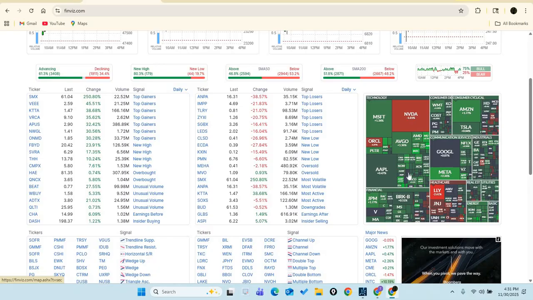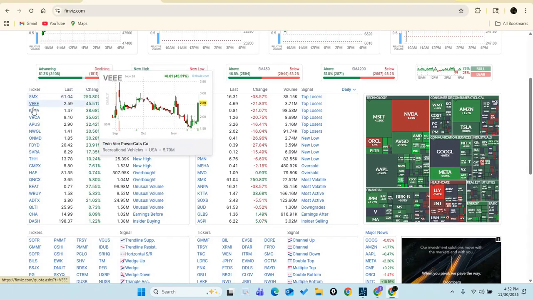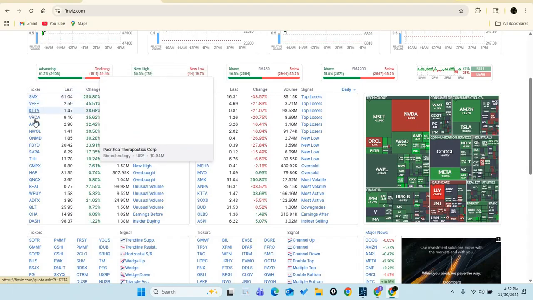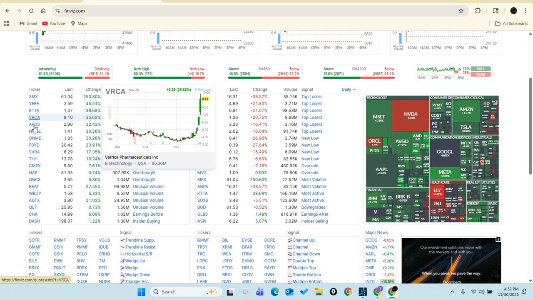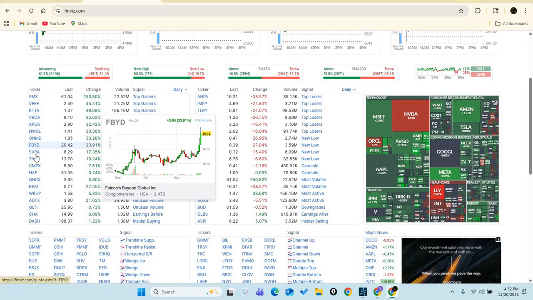If you click on this, it'll tell you the different sectors, what's up, what's red, and you can see what the hot sectors are. The nice thing about FinViz is you can hover over a ticker and the chart will just pop up. Usually I'm just scanning over it, looking for my pattern, like if you see a pattern you like.